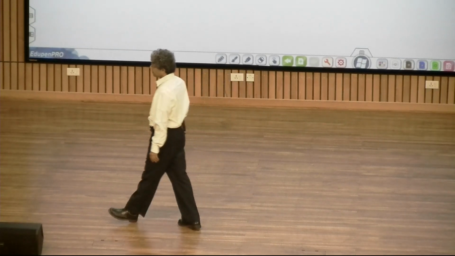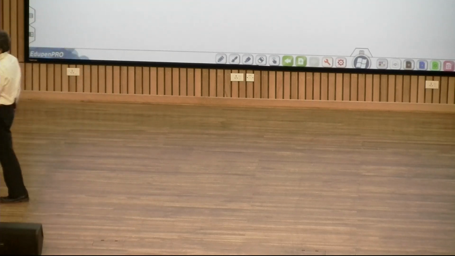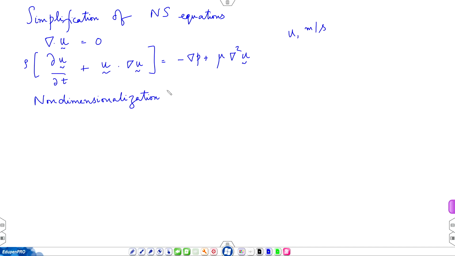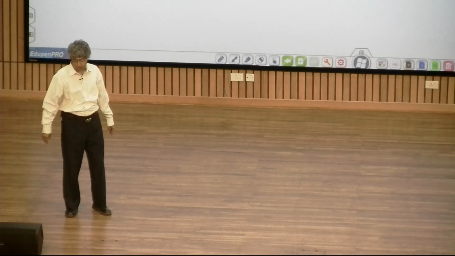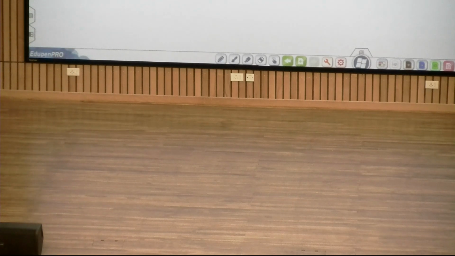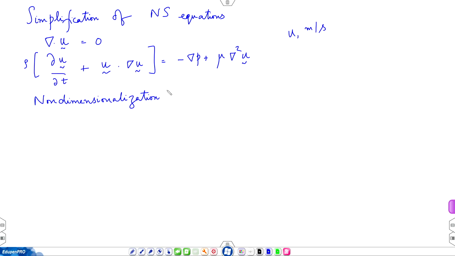Please stay with Buckingham pi theorem. Now, the functional form is given to you. It is not a generic functional form, it is a specific functional form. Now, this specific form can be non-dimensionalized. So, what is the functional form? It is the solution of this system of equations.